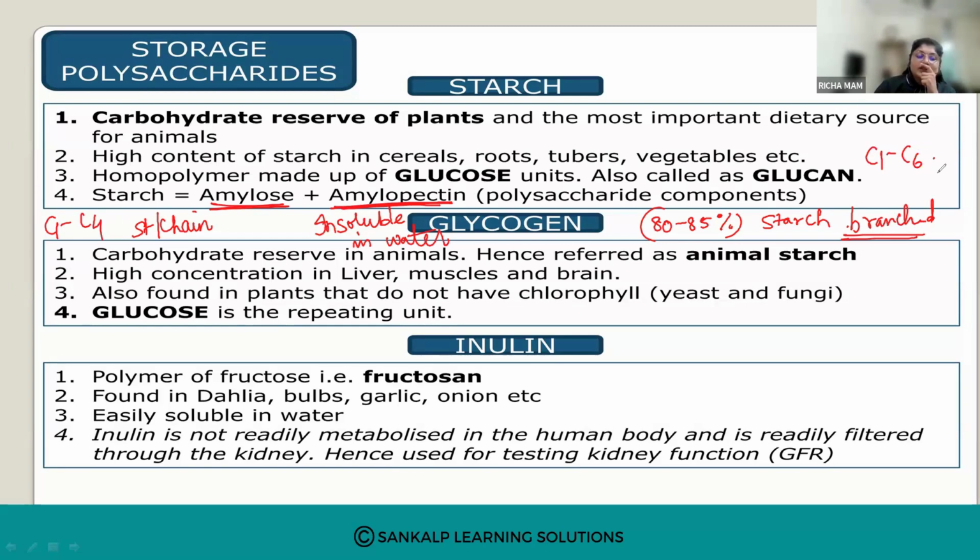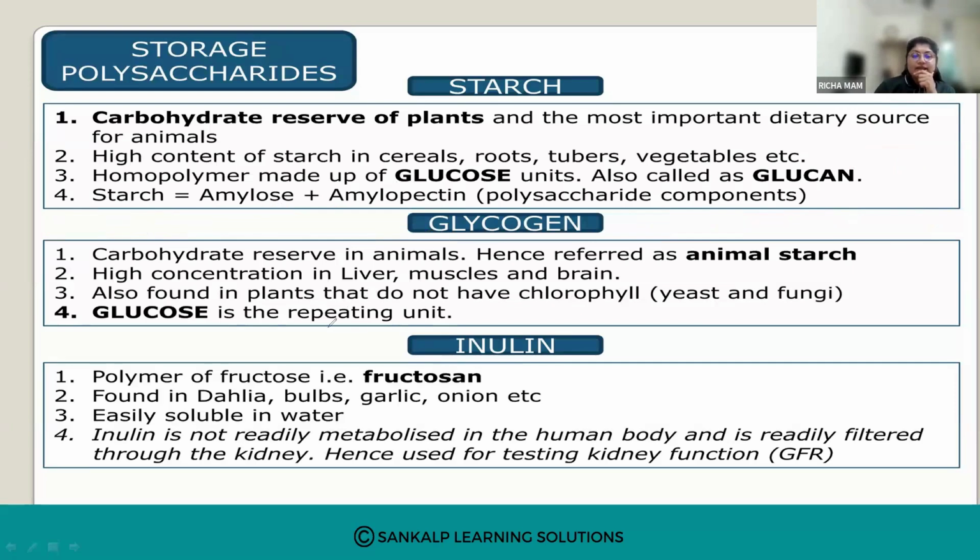So amylopectin is a branched compound, and the structure of amylose is a straight long chain form. So this is about your starch.